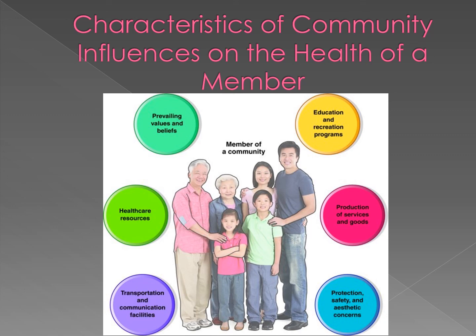Again, values and beliefs within that community, healthcare resources, transportation and communication facilities, education, and recreational programs can improve the health of individuals in the community. Also production of services and goods, and protection, safety, and aesthetic concerns in the community. All of these things can help the members that live within that location.